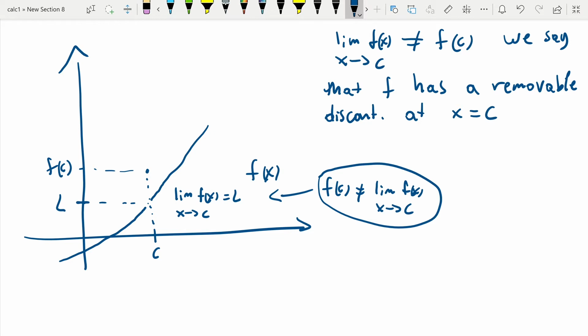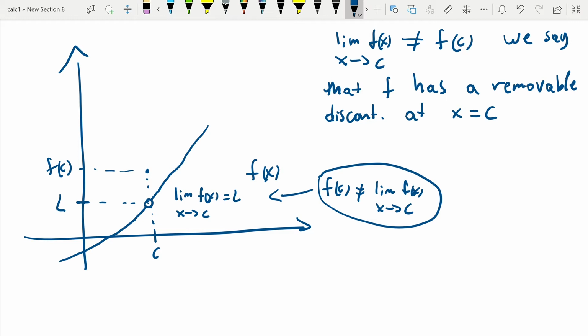Okay, but the function looks more or less like it wants to be continuous. So if we were able to redefine the value of f at the point c and move this point downwards and make it fit the graph, we could fill in the hole there and the function will be continuous. This is unlike the situation we'll see next, where there's a jump. There's no way to assign a different value of f at the point to repair the graph.